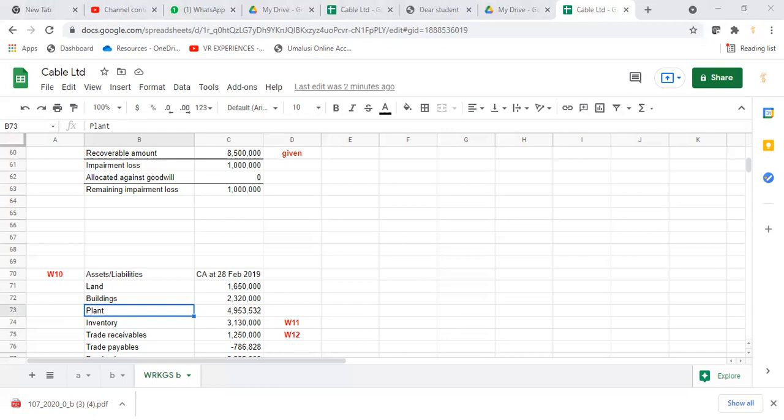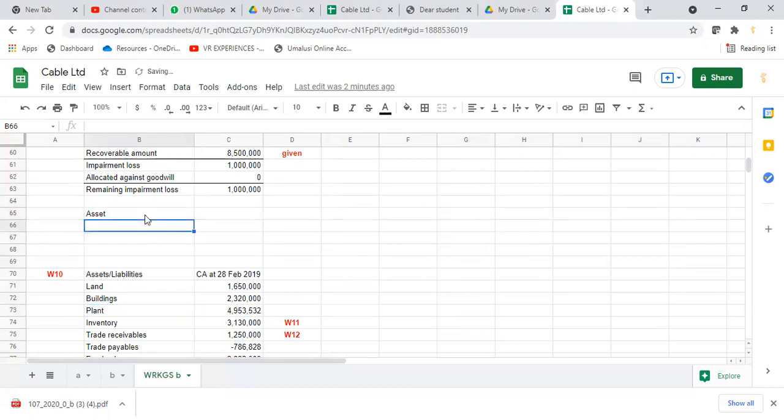Remember, when you allocate an impairment, it cannot reduce an asset below its recoverable amount. So land's balance of 1650 is its recoverable amount. Therefore, we won't allocate anything to it. So the only things we will allocate against are buildings and plant.